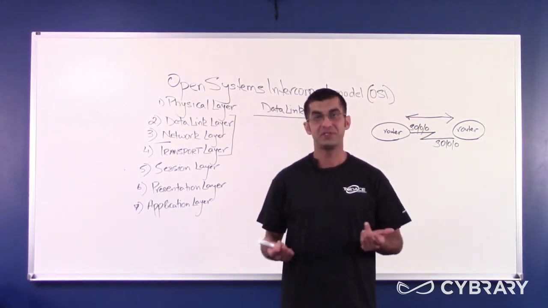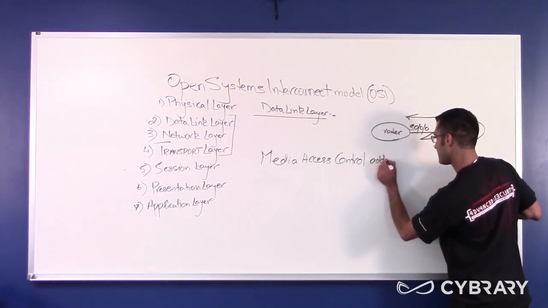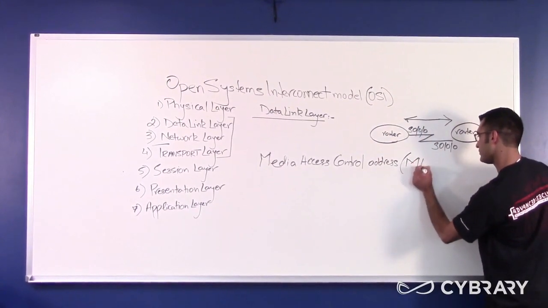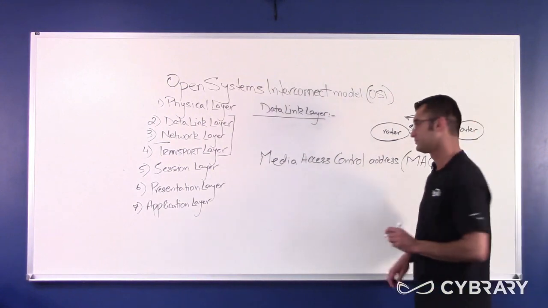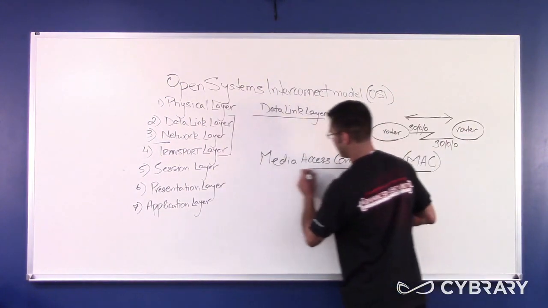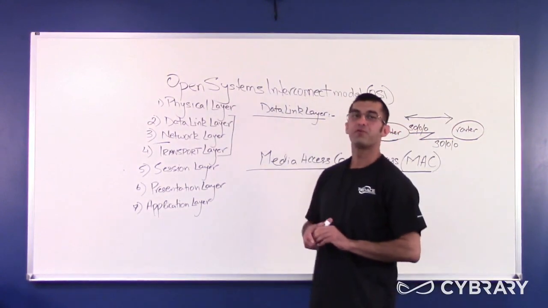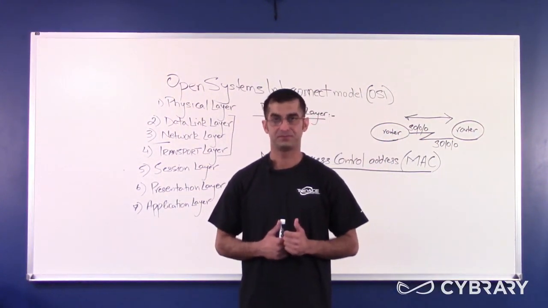And the most common of these addresses is your media access control address, or your MAC address. Now, what does a MAC address look like? A MAC address is 48 bits in length, and it's written in hexadecimal.